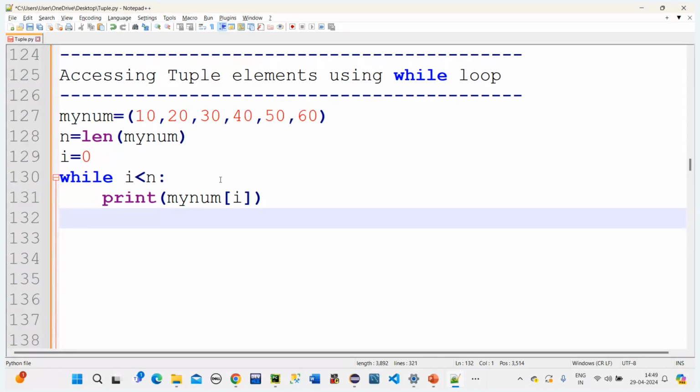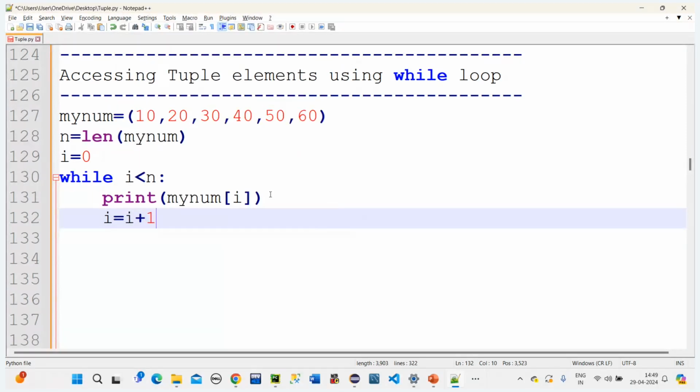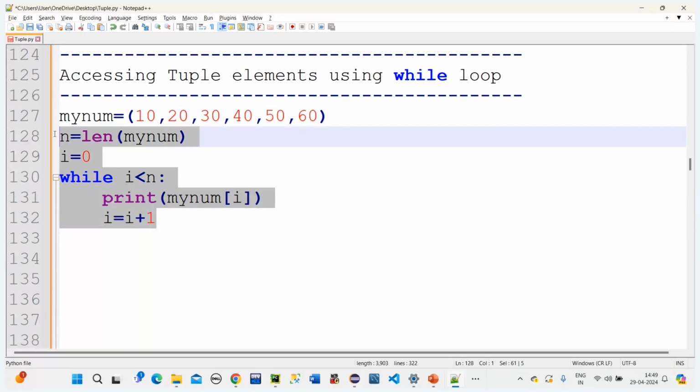After this, I need to give the update statement, otherwise it will go into infinity. So i is equal to i plus 1. Now let's execute this code and check whether it is working or not.